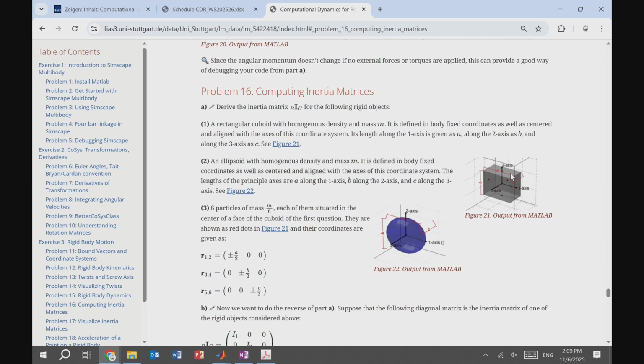Then we will invert these relationships and use them to visualize inertia. If I give you an inertia matrix, you can visualize this with an inertia ellipsoid, an ellipsoidal body that has the same inertial properties, a rectangular body that has the same inertial properties, or 6 points.